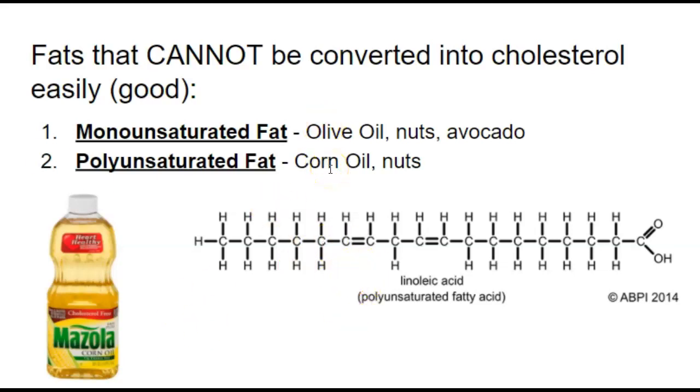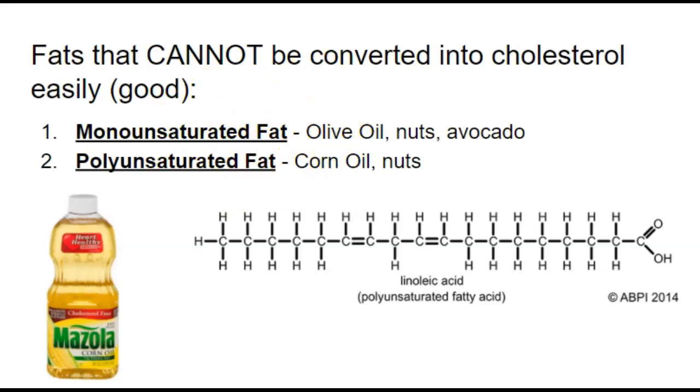And so the liver can't use these to convert into cholesterol, which is good because cholesterol clogs our arteries. So some nuts, corn oil. This is super simplified. If you go on to learn more about nutrition, you're going to learn that lots of foods have lots of different types or multiple types of fats.